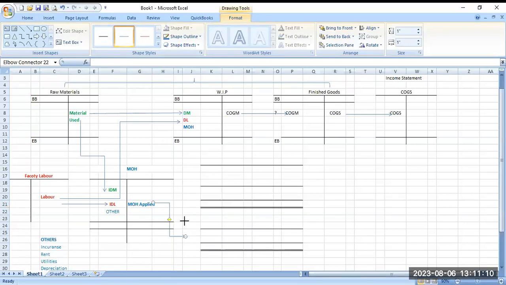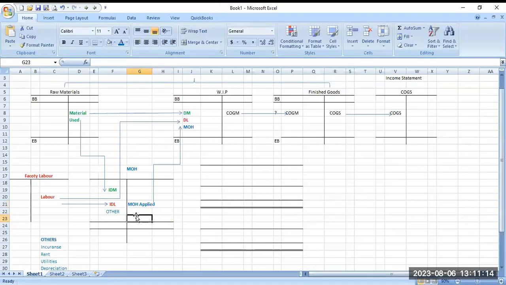This is our manufacturing overhead. Manufacturing overhead applied comes from a manufacturing overhead account. So in this account, on one side, we're going to have actual cost, and the other side, we're going to have applied cost. Differentiate them like this.